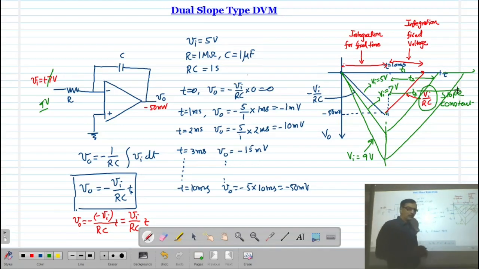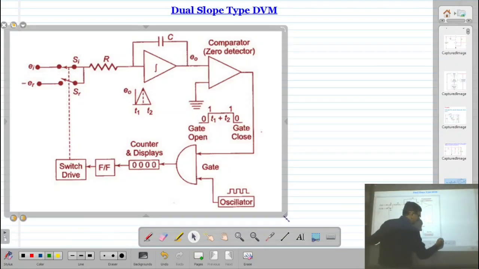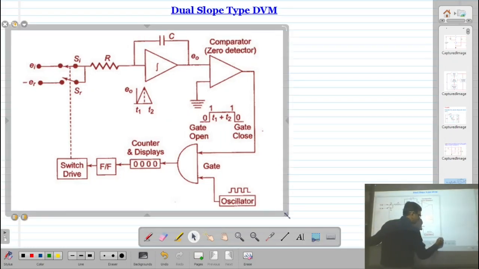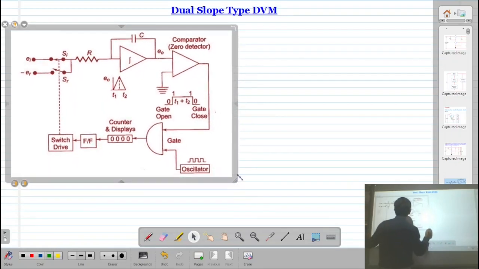Now let us see what is the actual block diagram for this DVM.